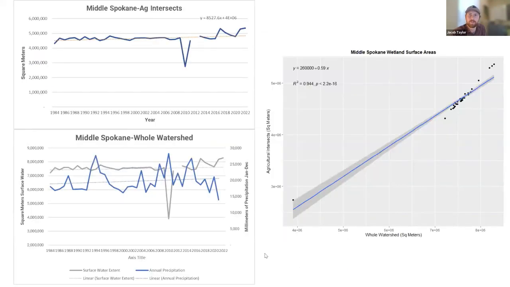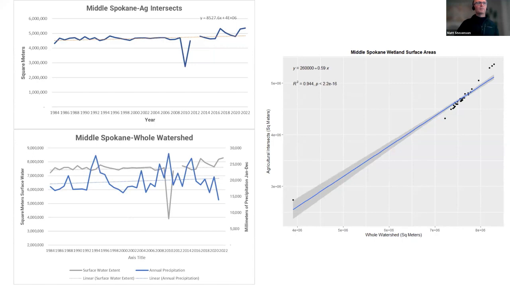And this is actually where I hand it back over to Matt, but this was the last watershed, Middle Spokane, and we did have kind of an anomaly in the data there, that downward spike in 2010. Matt did some investigation. Yeah, this one definitely caught our attention because the bottom falls out in 2010 in this watershed during a year when the blue line here in the bottom graph, which is annual precipitation from PRISM data, is high.